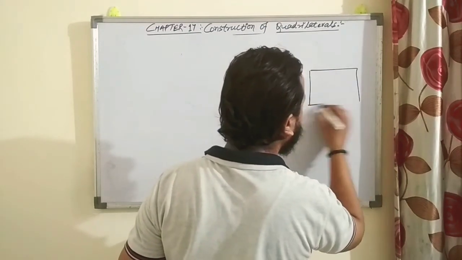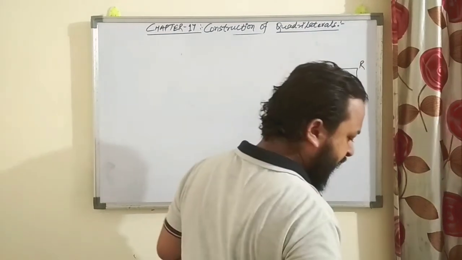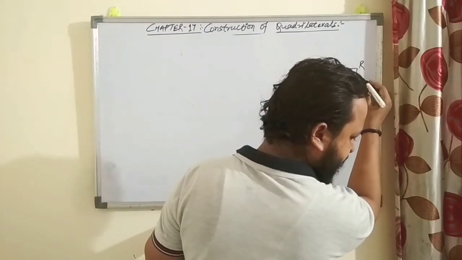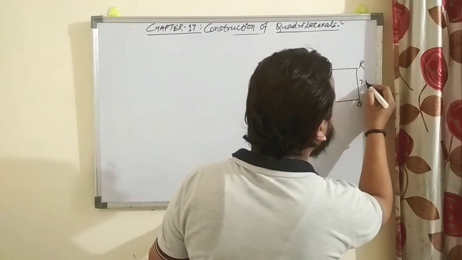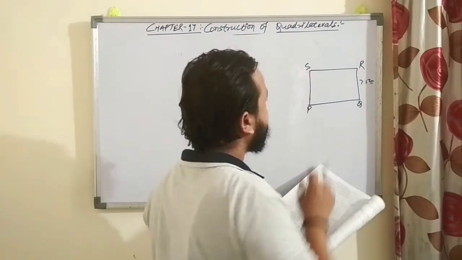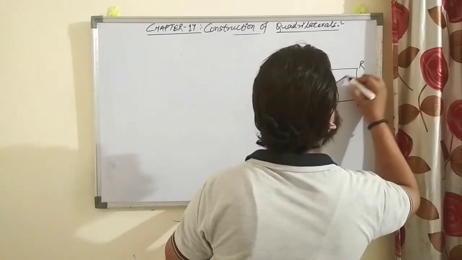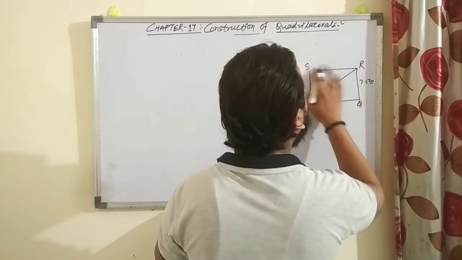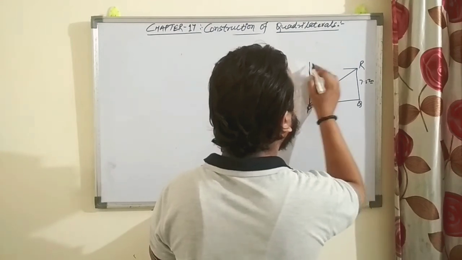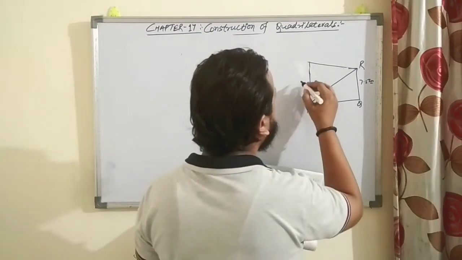Suppose this is a quadrilateral PQRS, right? And in this QR is given as 7.5 centimeter. PR and PS, they are of same length, that is 6 centimeter.